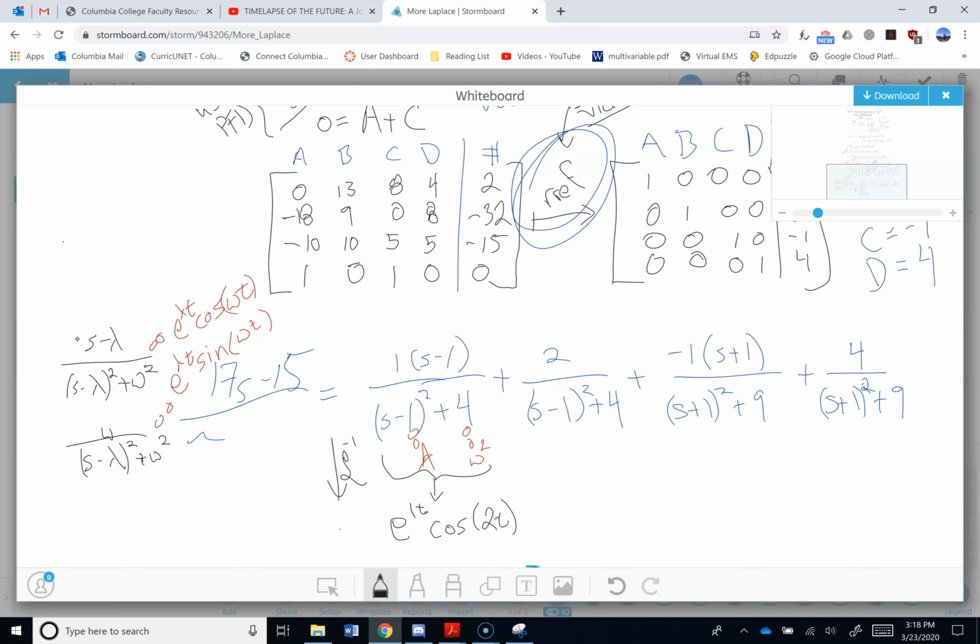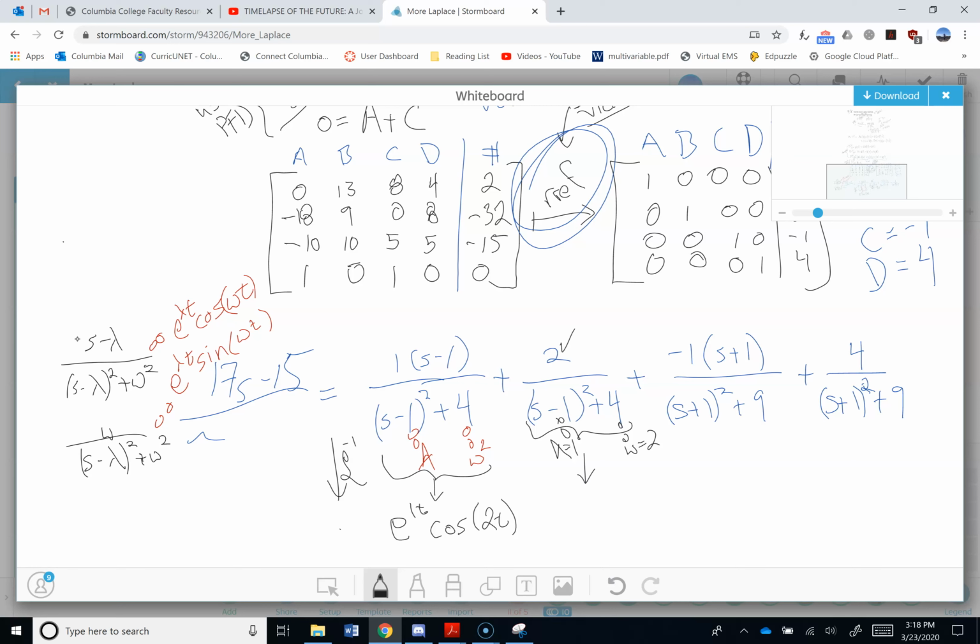Everybody with me on that? Yep. Okay, now this one here is supposed to look like a sine, I think. So looking at the bottom, lambda is 1 and omega is 2, and I'm supposed to see an omega on the top, which I do.